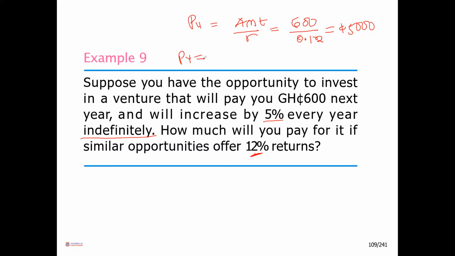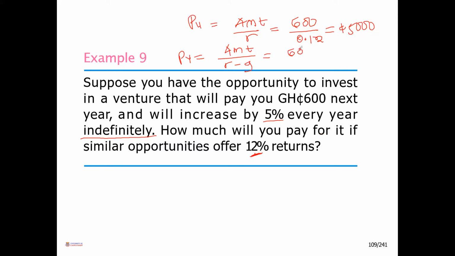But if the perpetuity is growing by 5% every year, the formula for a growing perpetuity is amount over r minus j, where j is the growth rate.